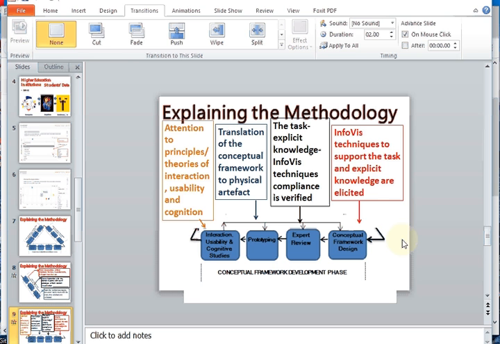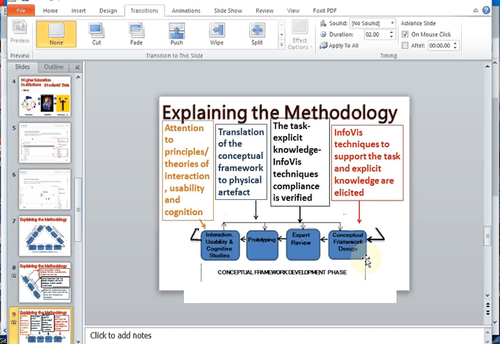So these are the explicit knowledge, because InfoVis must adequately transform data into explicit knowledge to support decision making purposes. So at this conceptual framework design stage, the appropriate InfoVis techniques must be conceptualized. So InfoVis techniques that are going to support the visualization, which of the visualization techniques are appropriate.